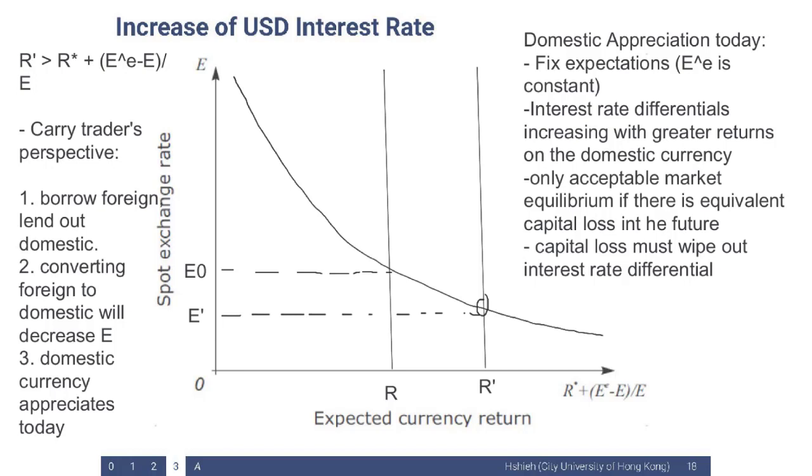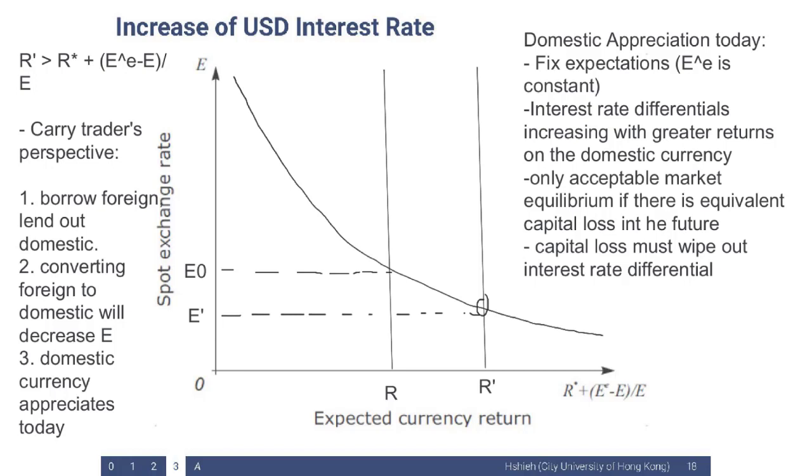So capital loss must wipe out the interest rate differential. So I'll reiterate the carry trader's perspective in a bit, but this is again the equilibrium perspective. If the parity has to hold, then something must change today to offset the larger gap between R and R star.